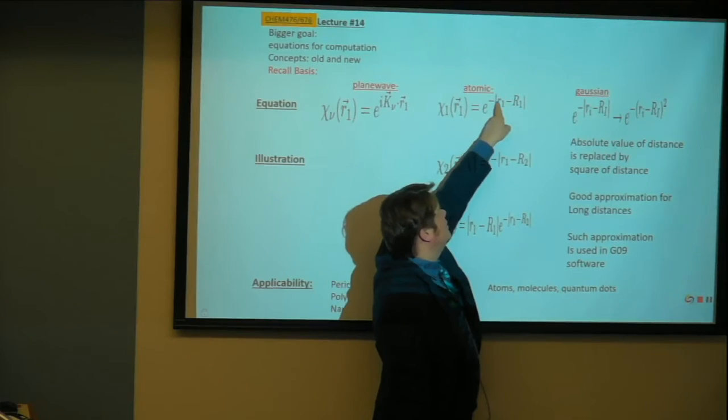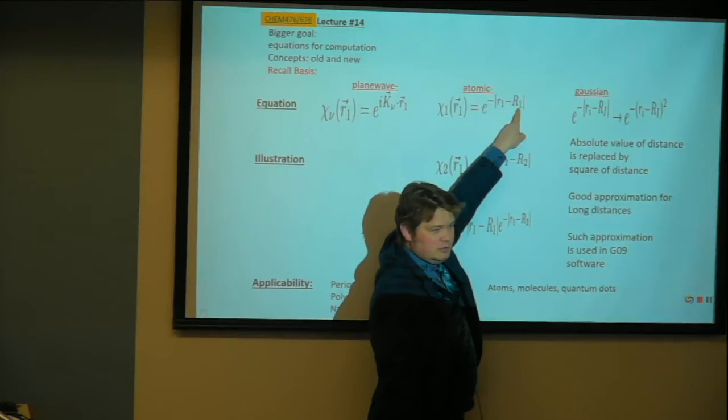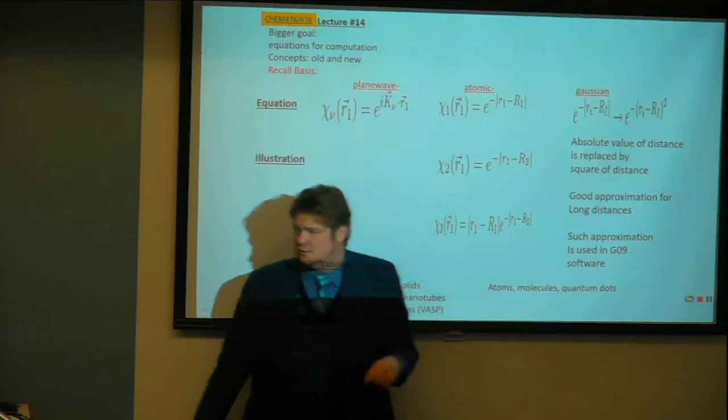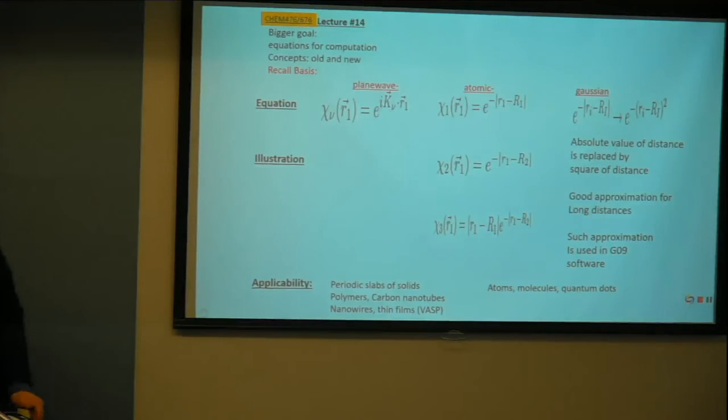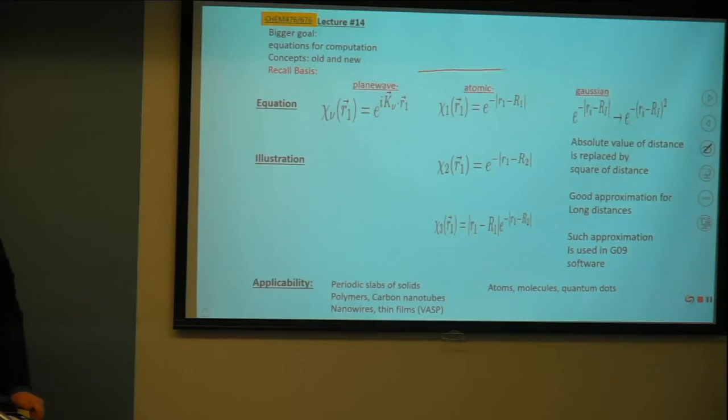E to the power of the absolute value of the position of the electron minus the position of the nucleus. So if one draws this function, you have a cusp, right?